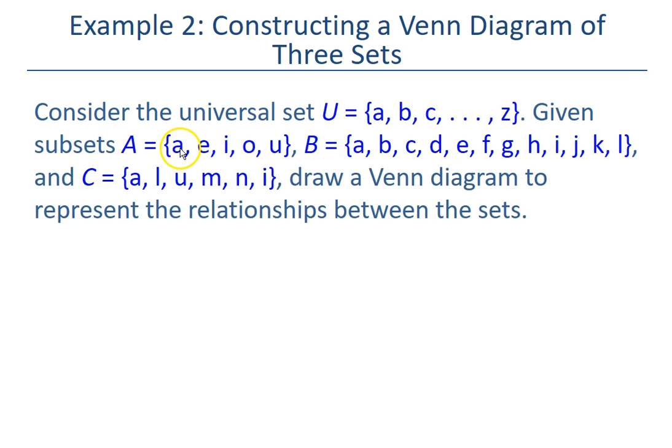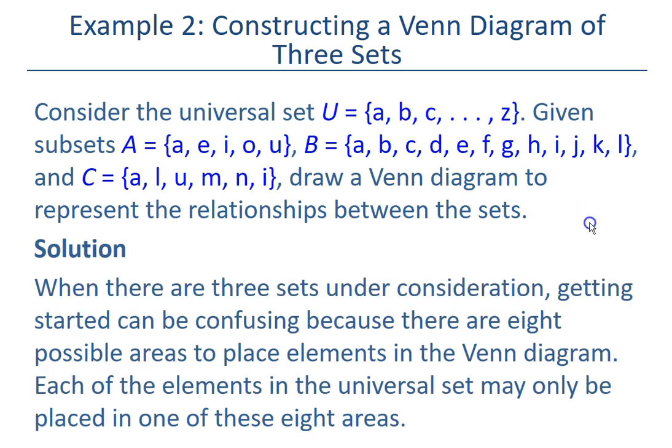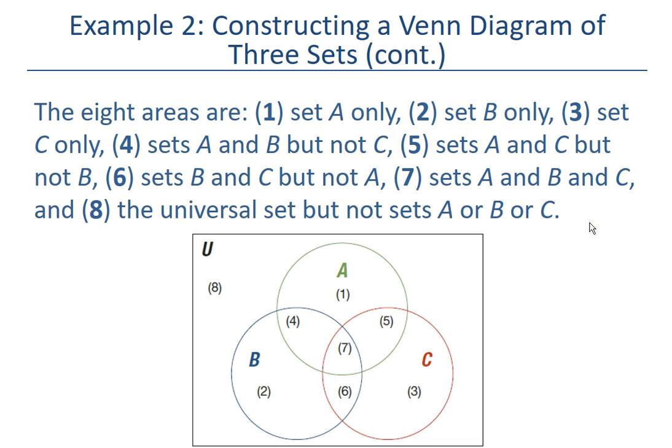A looks like the vowels, A, E, I, O, U. Set B are the alphabet up to letter L, and C is the letters of the word alumni. Now, what I did is I made a Venn diagram. This is not it yet, but this is giving you some background.